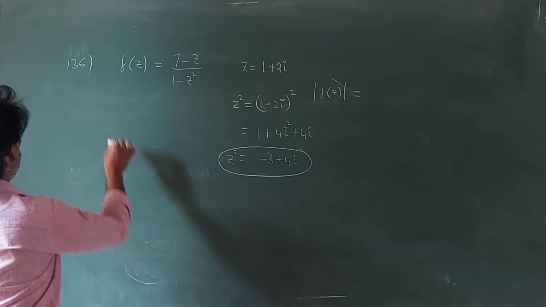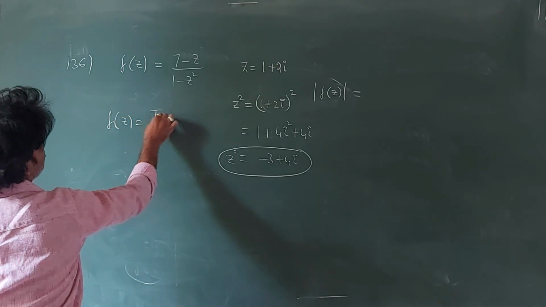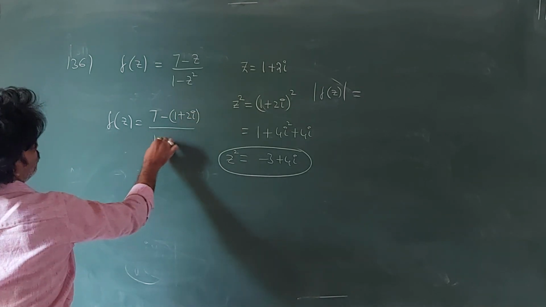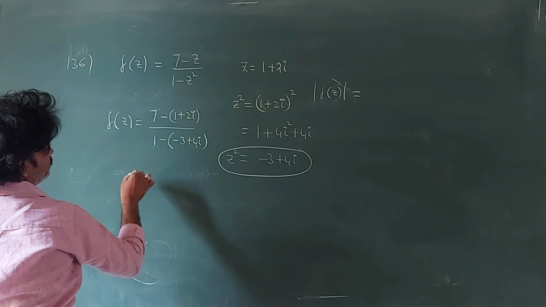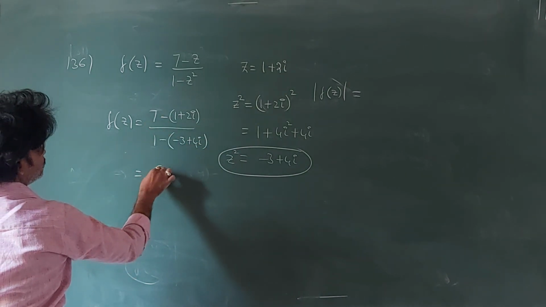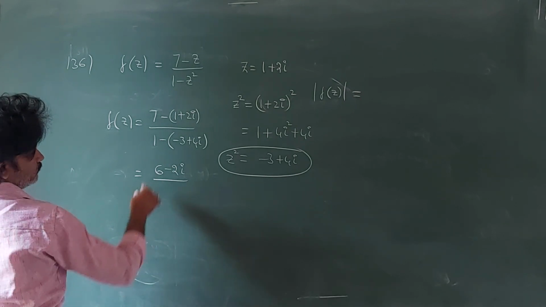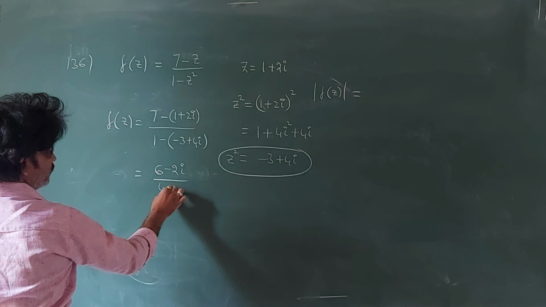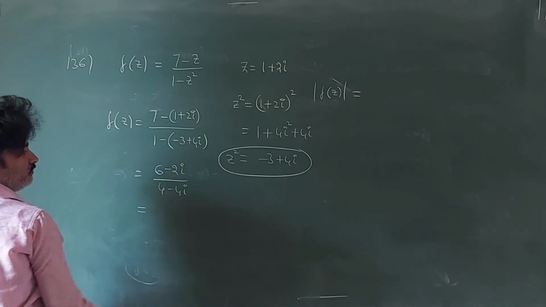Now substitute the value. F of z is equal to 7 minus, what is the z value? 1 plus 2i, 1 minus minus 3 plus 4i. Means 7 minus 1, 6, minus 2i by denominator 1 minus 1 minus 1 plus 3, minus 4 plus 3, minus 4i.